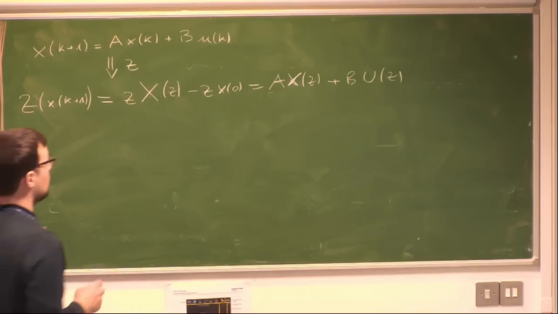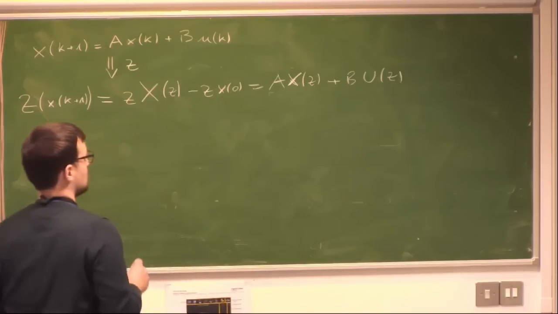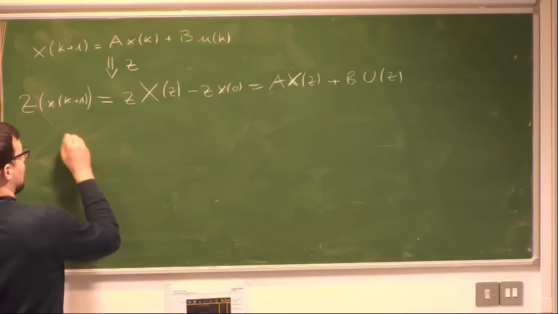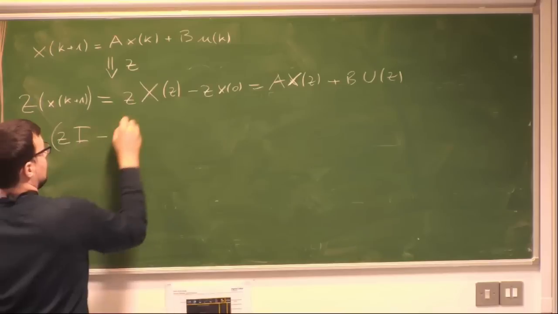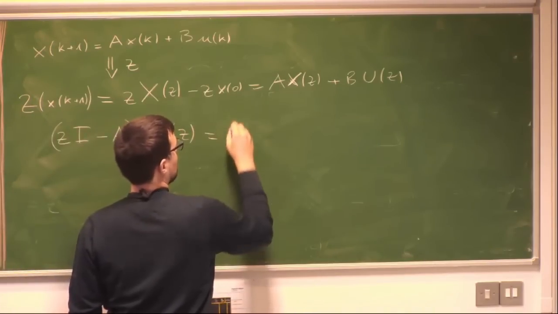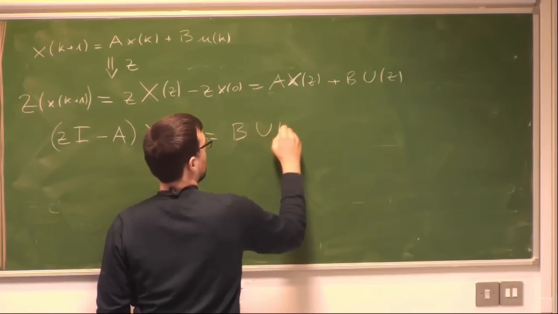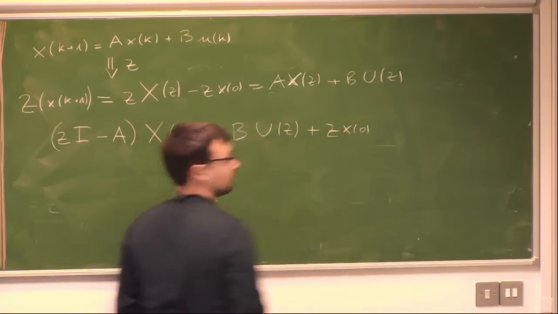Okay? So now we can shift some terms in this equation, and we have zI minus A that multiplies capital X of z, and on the other side we have b U of z plus z x of 0.